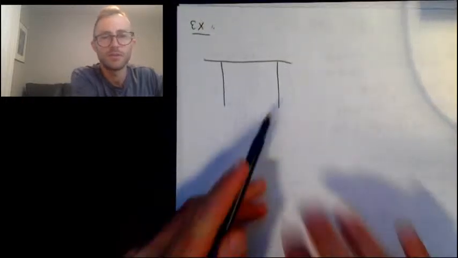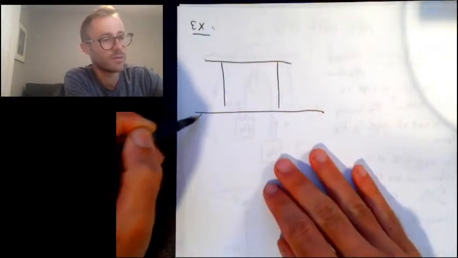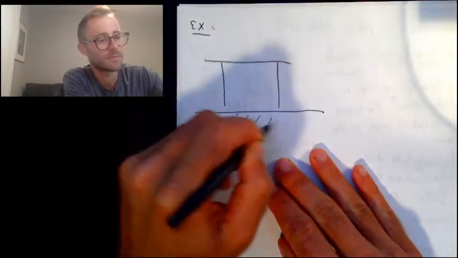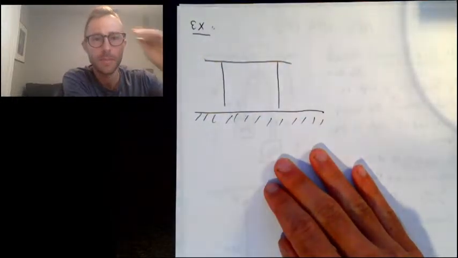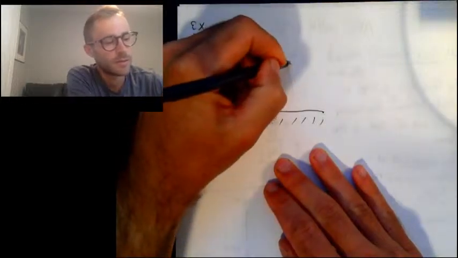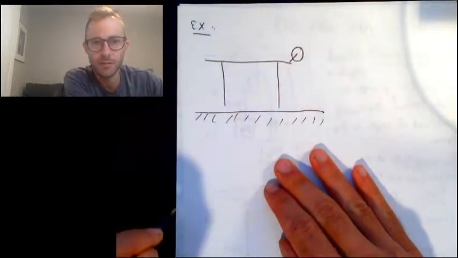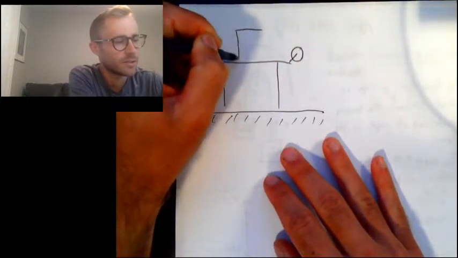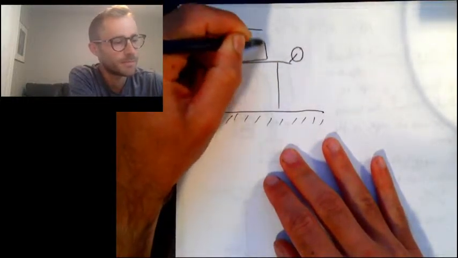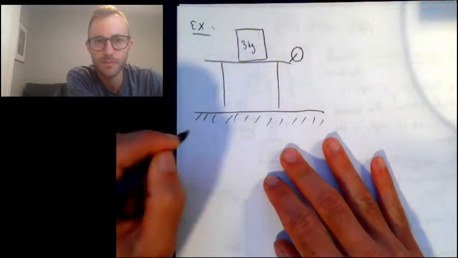Okay, so you have a table. Table is sitting on the floor. The table has a pulley on the end of it, and there's a mass that is sitting on the table. Let's make this a 3 kilogram mass.